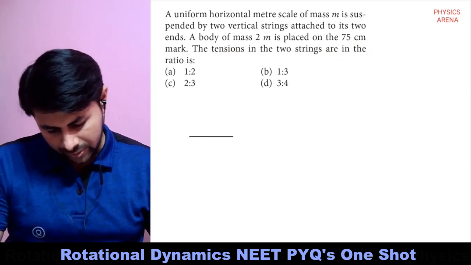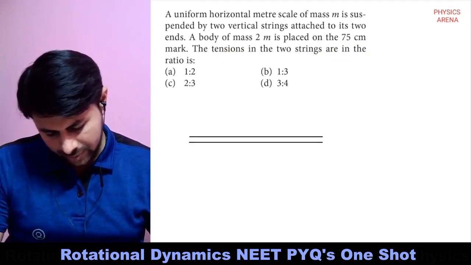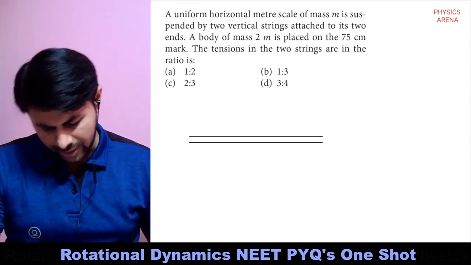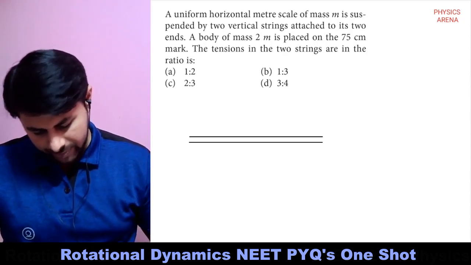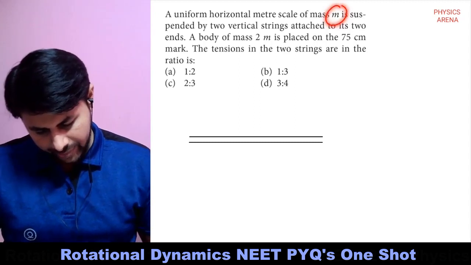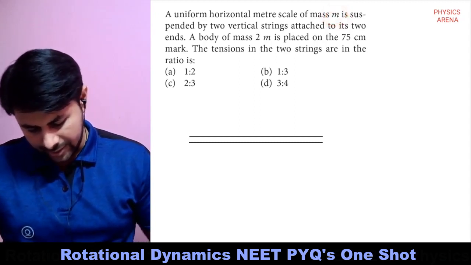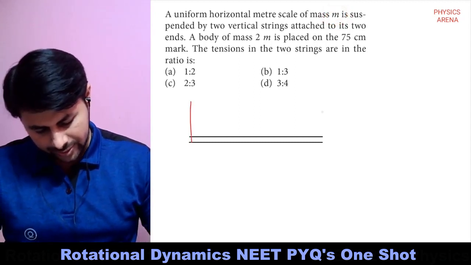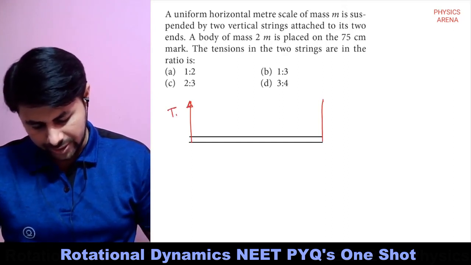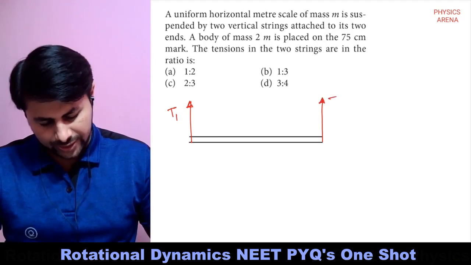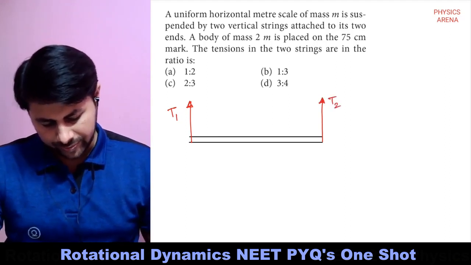Okay, so there are two strings. There is a horizontal meter scale. Its mass is m and it is suspended by two strings. So there will be some tension in the first string T1, tension in the second string T2.